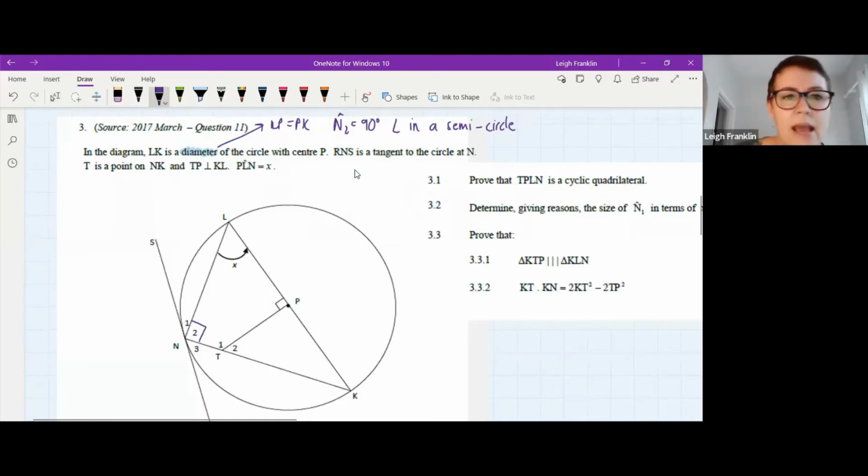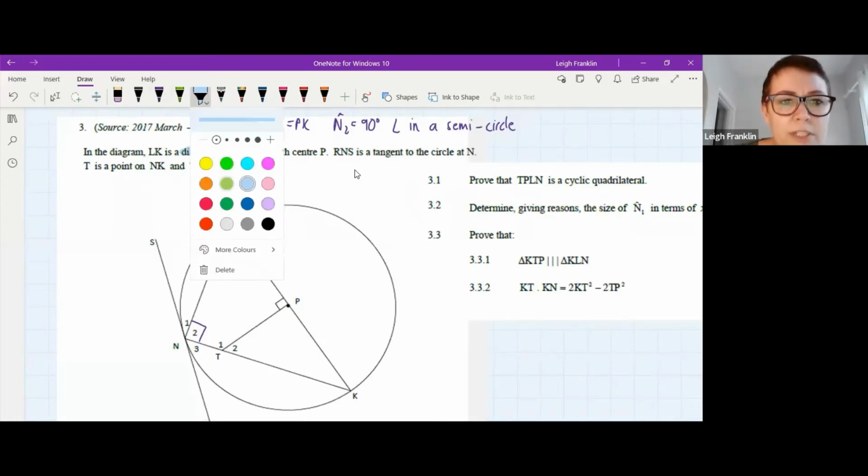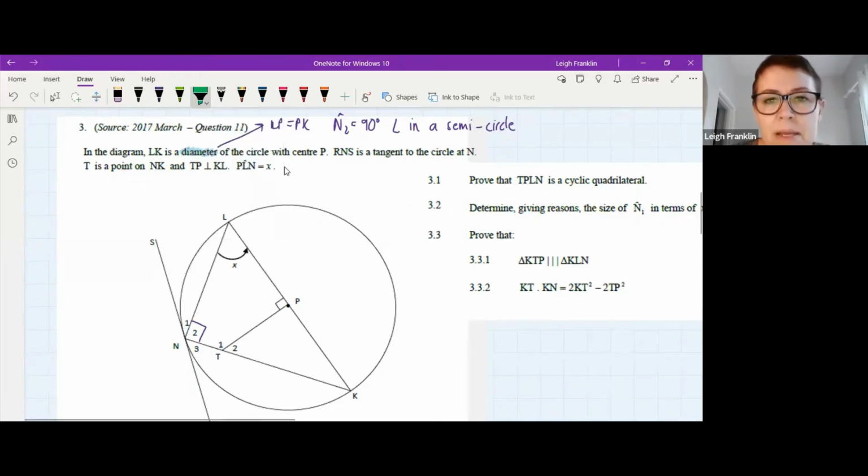Next thing, RNS is a tangent. So the moment we see the word tangent, immediately my mind is humming. What do we think about when we see the word tangent? Tan-chord theorem.